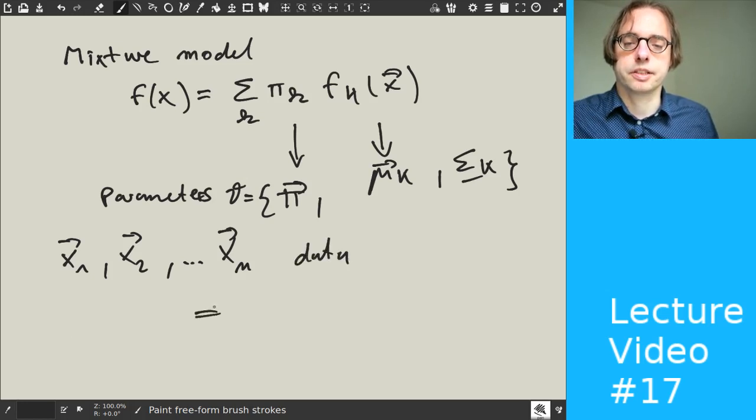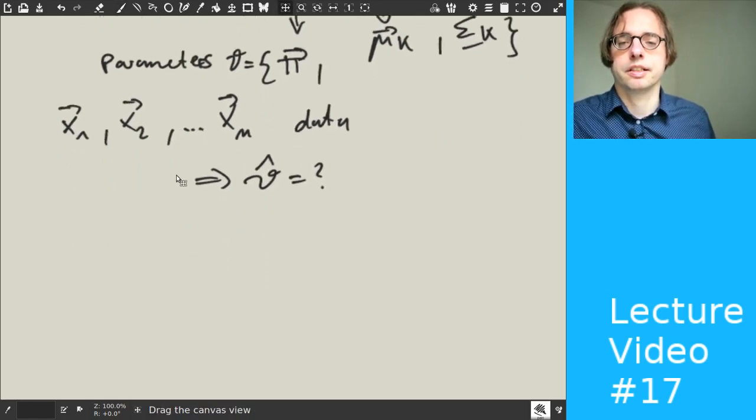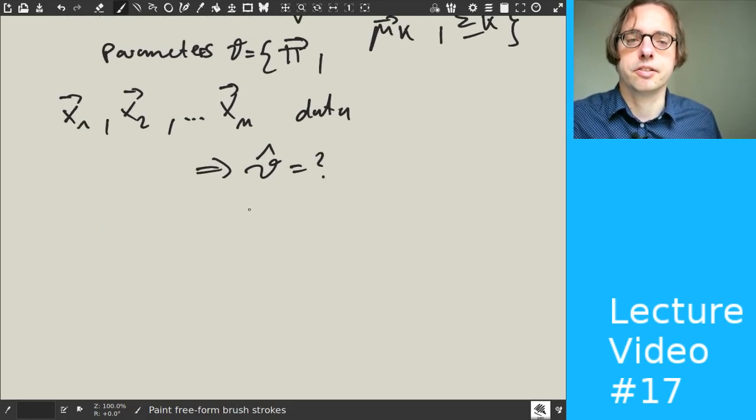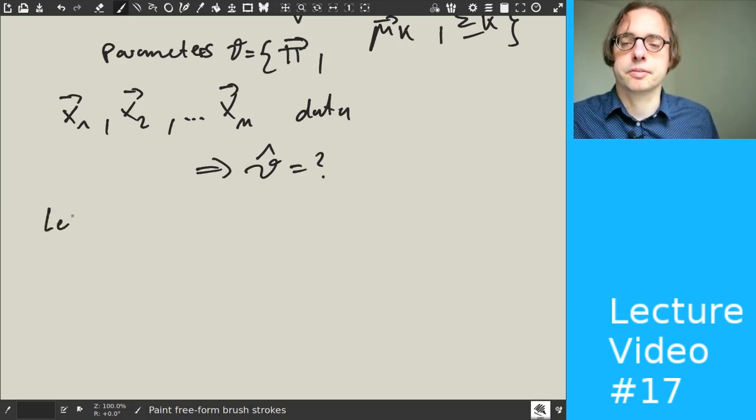How do we estimate theta hat? Given that you know a lot about statistical inference, the easy idea that you could have is let's use maximum likelihood.